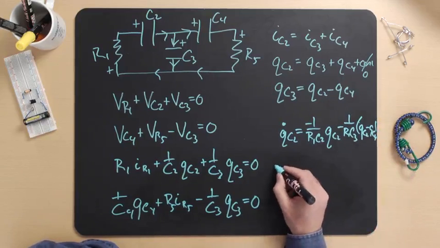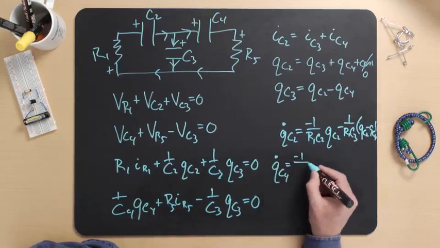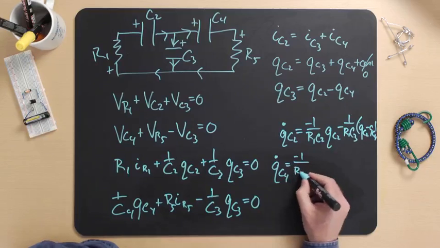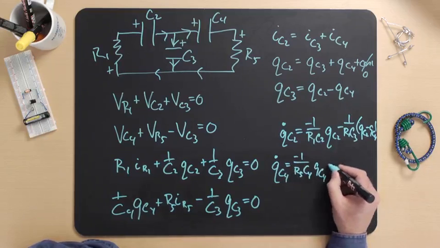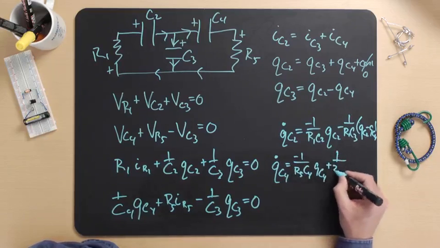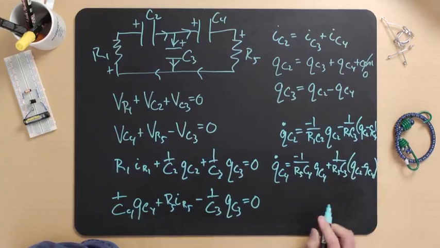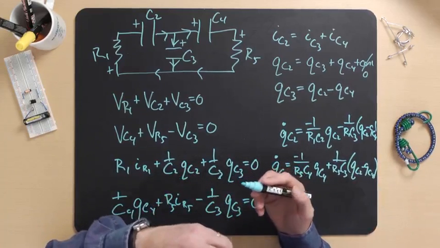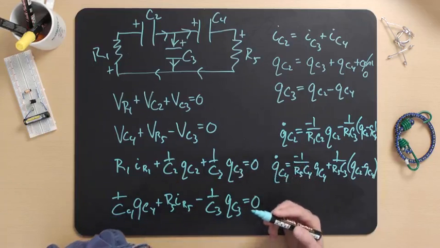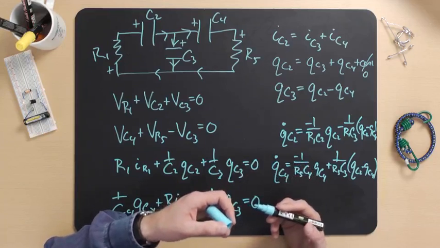The other equation that I get is QC4 dot is equal to minus 1 over R5 C4 times QC4 plus 1 over R5 C3 times QC2 minus QC4 again. This is a linear, constant coefficient, first order ODE. I could write this in vector and matrix notation by choosing the state to be W equals QC2 and QC4.